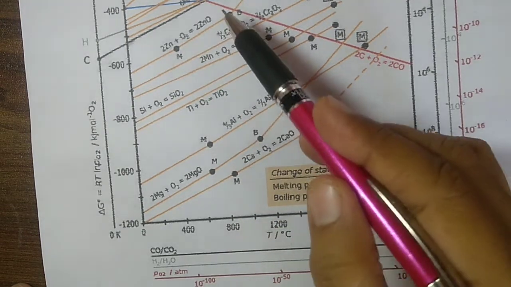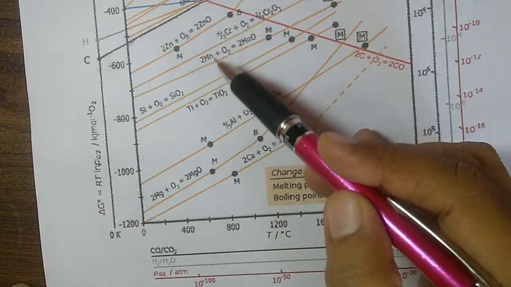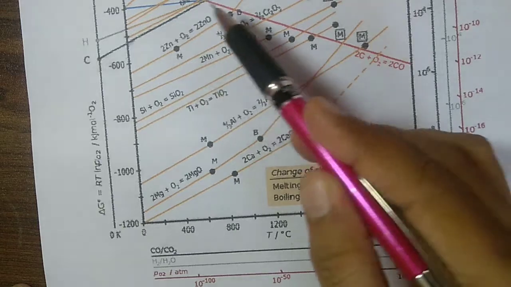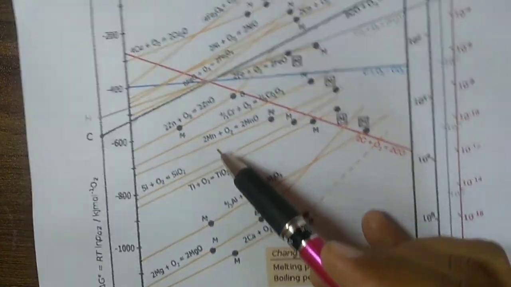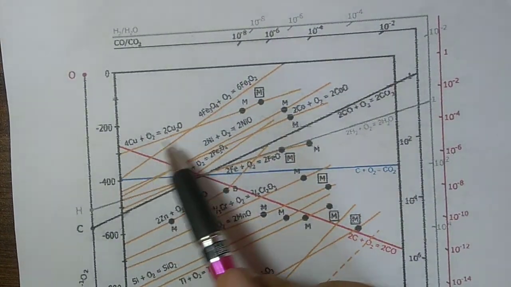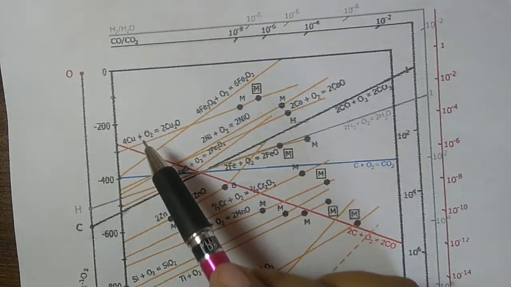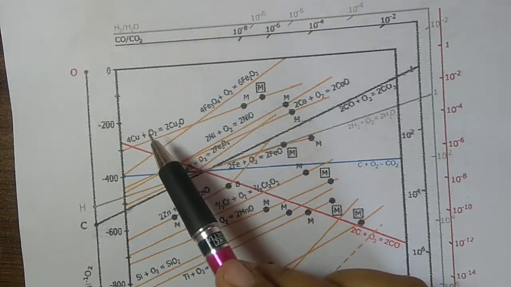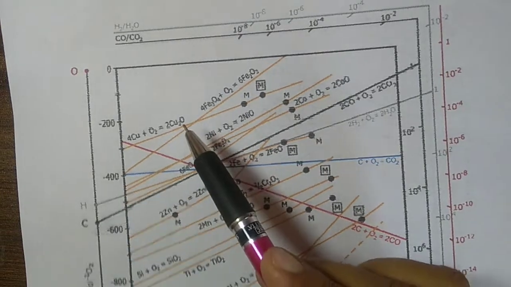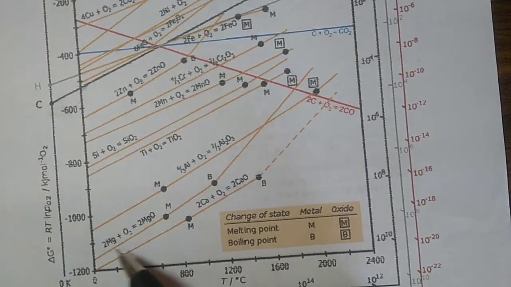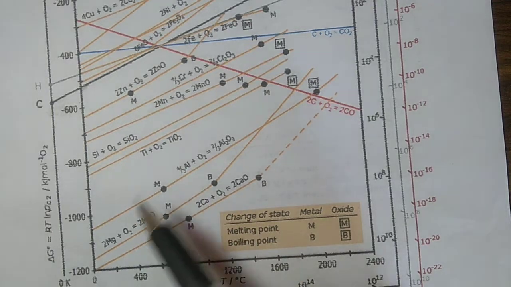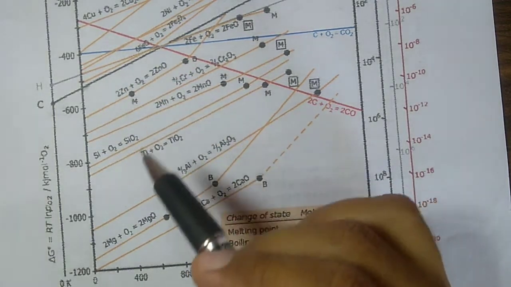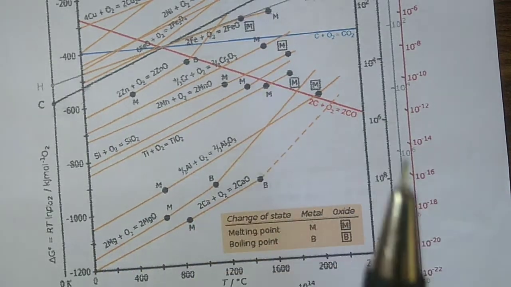The oxides having good stability occupy the middle portion. In this area, the most unstable oxide lines are present, in this area the most stable oxides are present, and in this area oxides are present which have good stability.